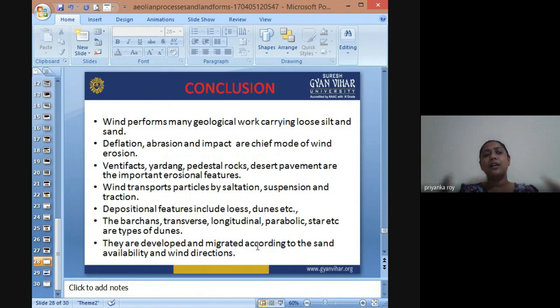Because the particulates which are suspended or taken away by the wind are heavy because of the moisture, and they tend to stick together.